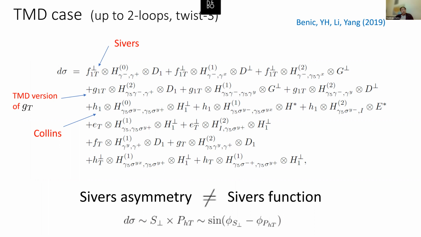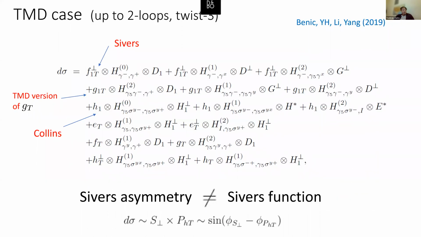The point that I want to make here is that the Sivers asymmetry is not the same as the Sivers function. The Sivers asymmetry is the sin phi correlation between the spin and the hadron momentum, but it doesn't only come from the Sivers function. There can be many other origins of the Sivers asymmetry. So that's something one should worry about.